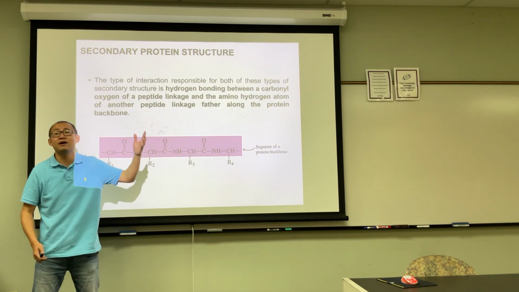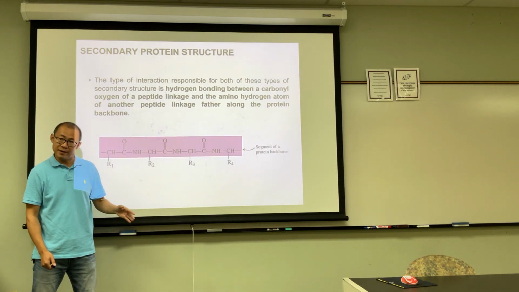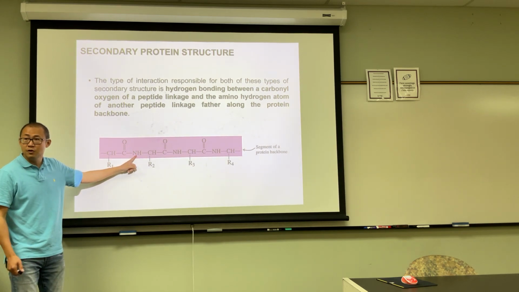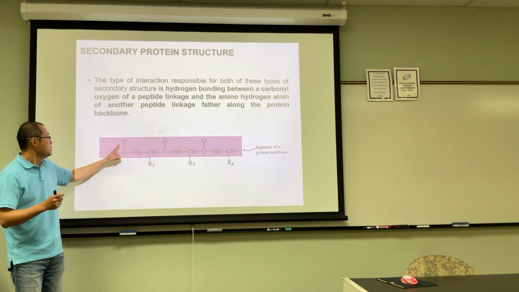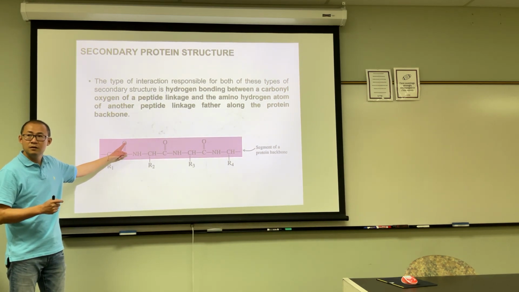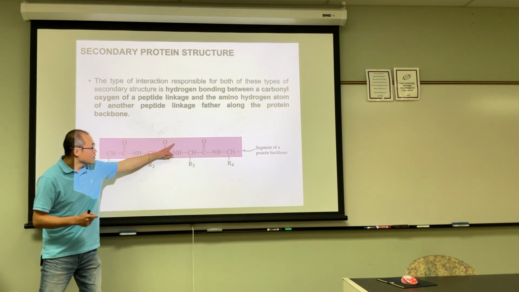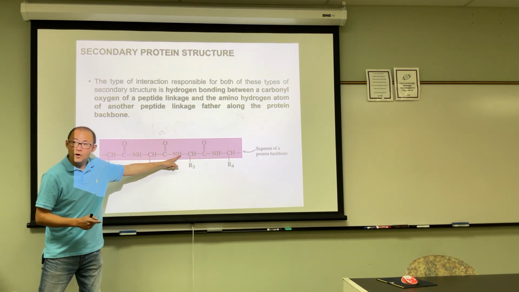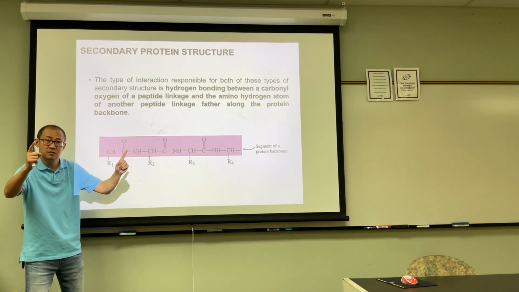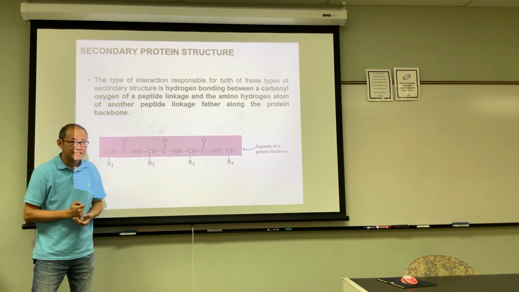If you have 10 amino acids, there are 9 peptide bonds. There's a lot of them in the backbone. Because the peptide bond has C-O and N, there's a possibility that the oxygen of one peptide bond can interact with the hydrogen of another peptide bond at a further distance. When they interact, they will give you the secondary structure.